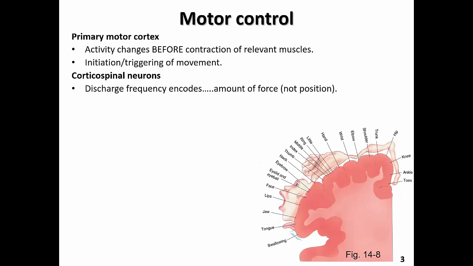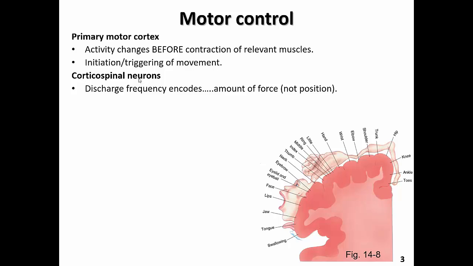The corticospinal neurons are described in terms of their discharge frequency. So depending upon how quickly these neurons are activated and generate a wave of action potentials, that frequency is a major factor in how much force a muscle generates, not focused on position primarily.